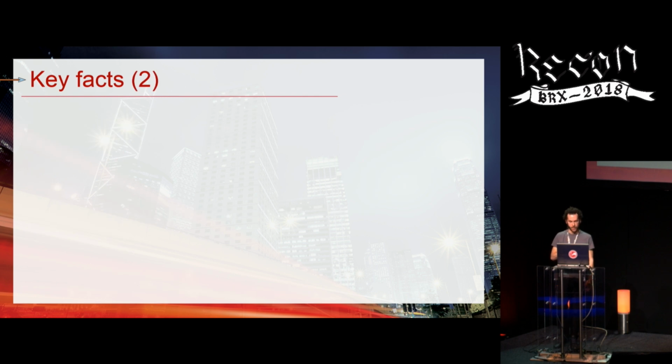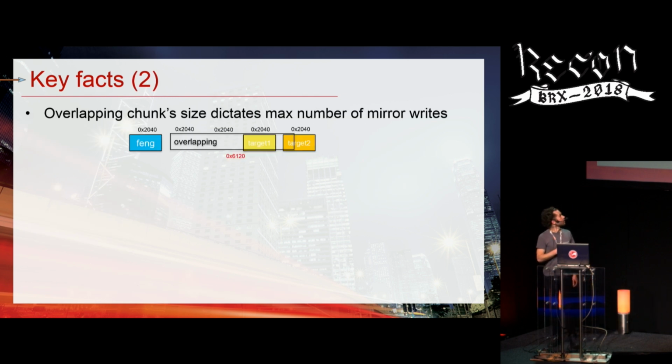So the second thing is we leverage the fact that we have an overlapping chunk over a chunk we control. In our example here, we have 6K.